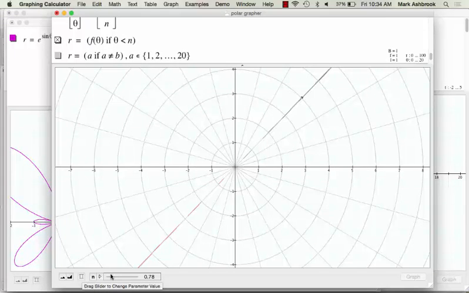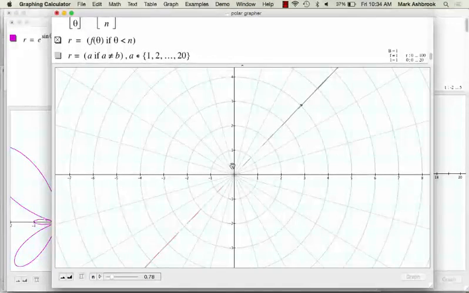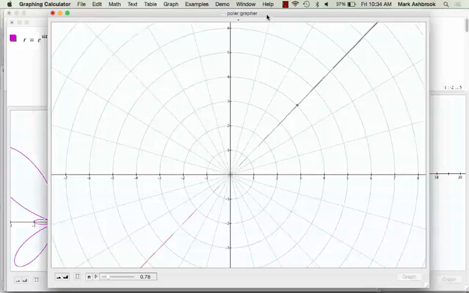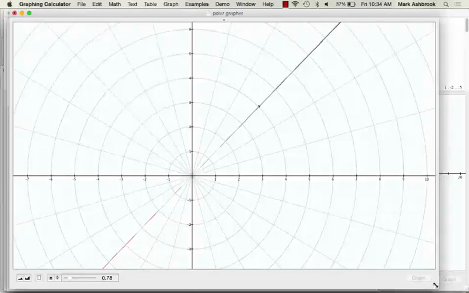let's just look at this. This is pi over 4. So this right here, so 1, 2, point there.